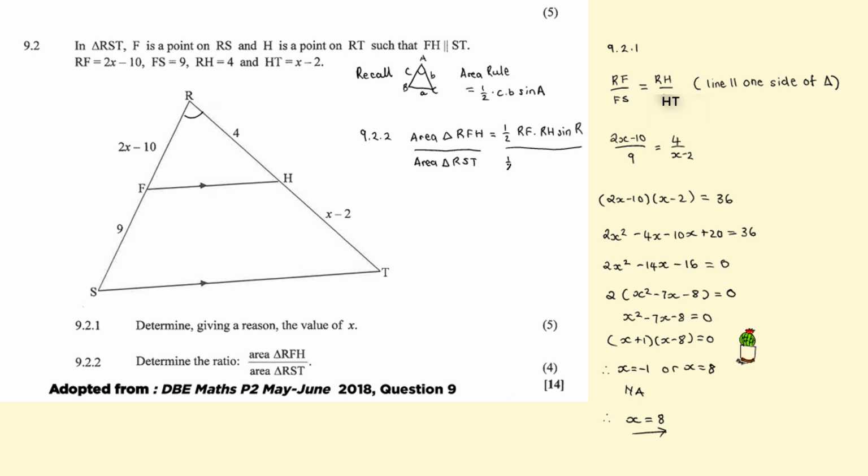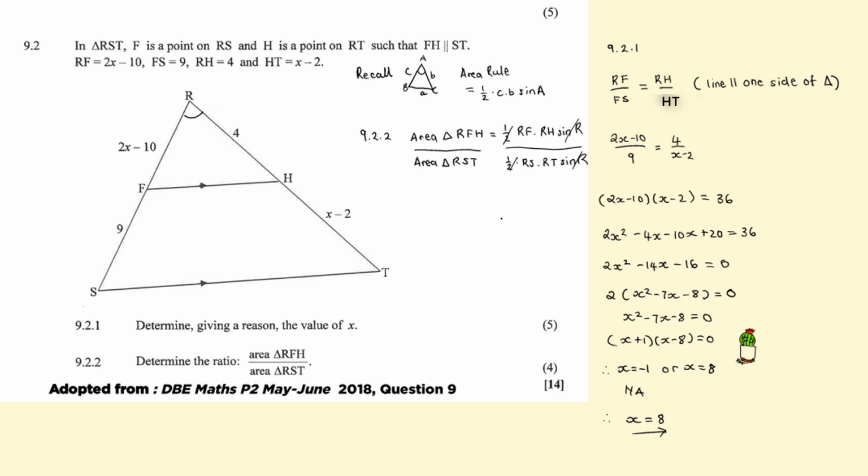Again, this is going to be 1/2 times RS times RT times the sine of the included angle. Again, it's exactly the same R. Okay, so I chose to use R as the included angle because that's the common angle to both of these triangles, and thus that will allow me to cancel out the sine of R. Then I don't have to worry about computing it.